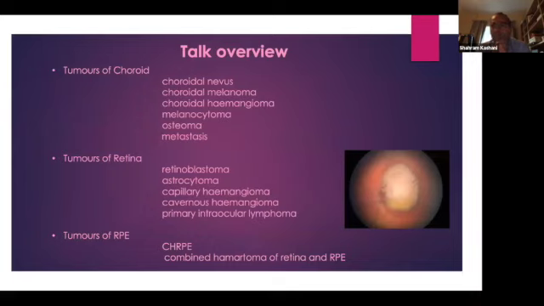The common things that you probably all see is choroidal nevus, and often there's the kind of panic about when is it nevus, when is it melanoma, and hopefully during this talk you'll get some sort of idea of how to differentiate between them. The hemangiomas, melanocytomas, osteomas, and mets are pretty rare and unusual, so we'll obviously go through them, but you're likely maybe to see a few in your career.